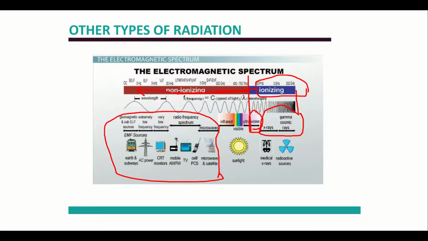So that is microwaves, radio frequency spectrums that are like your cell phones, TV, radio, your computer monitors, and that kind of thing. Those are all types of radiation, but are not harmful to most of us.